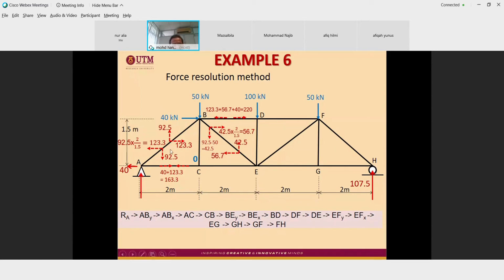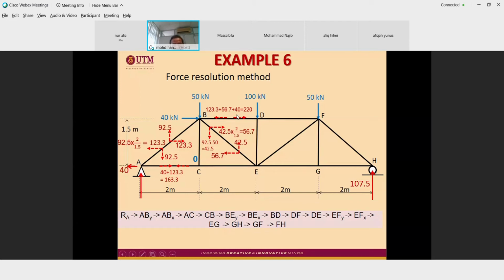BD is equal to what? 123.3 plus 40 plus 56.7. Then BD counteracts the horizontal component, and BD is in compression.